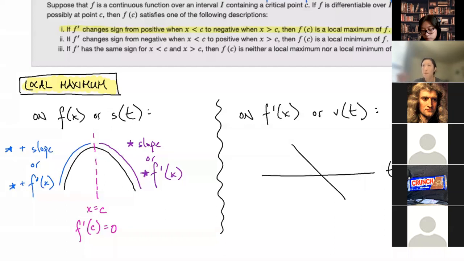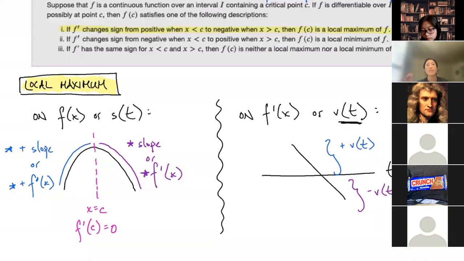The only thing that has to be true here is that we have to go from a positive y value, since we're looking at velocity, to a negative y value. And so let's go ahead and do this: this part is positive velocity, and down here is negative velocity.